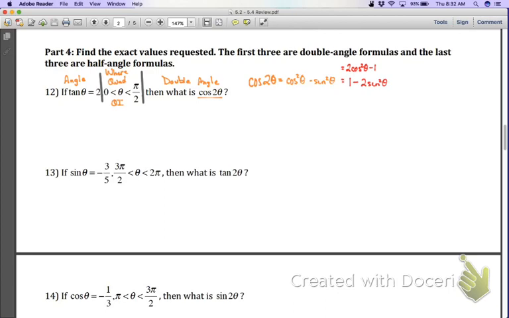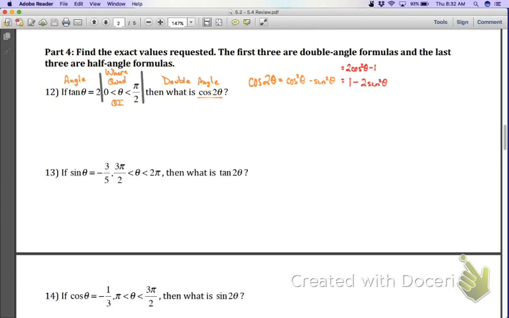You have options. A half tangent angle and a double cosine angle are the only 2 that have multiple options. Everything else, you've got to run with what you've got, and you can't change it up.